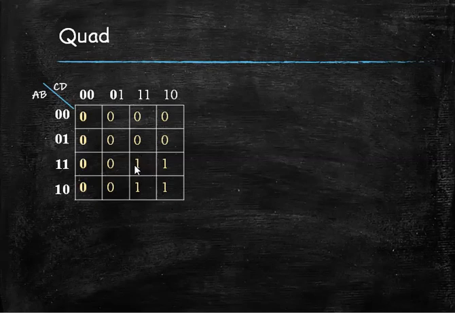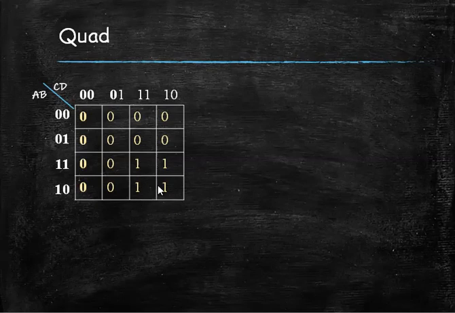And when we look at all these four ones, A is not changed. Here the value is A, B, C, D. Here A, B, C, D bar, then D changed, we can avoid D.